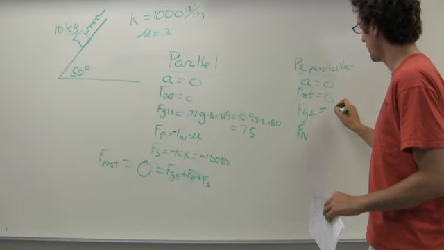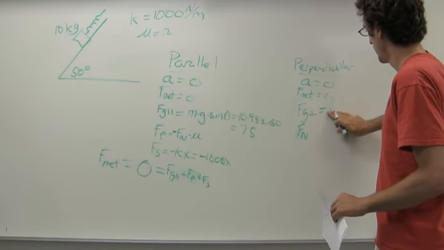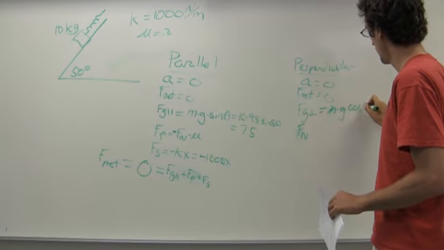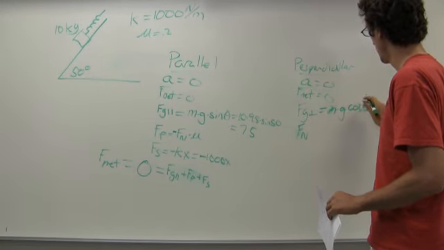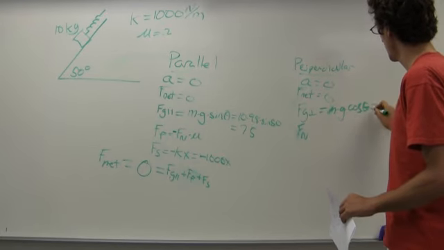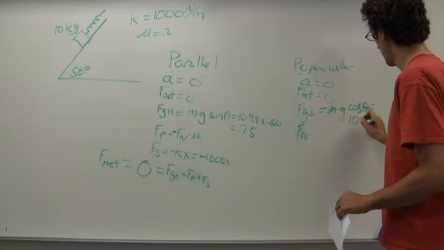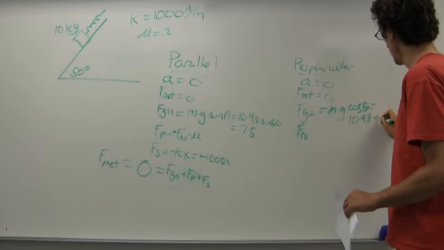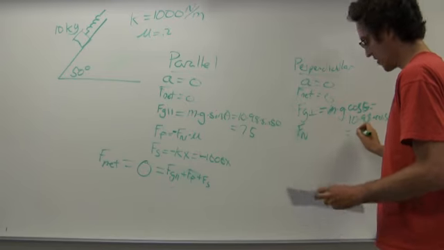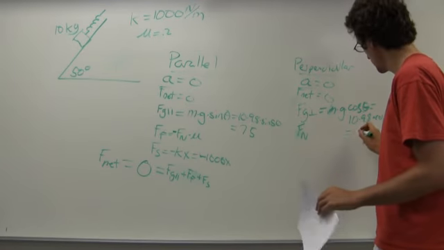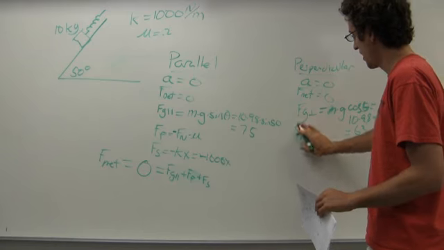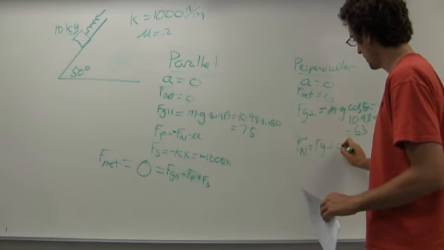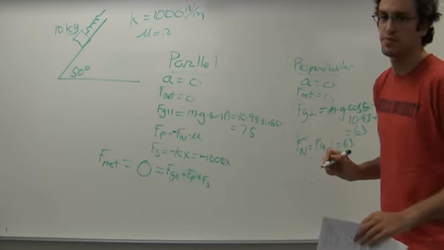So Fg perpendicular is going to be mass times gravity times cosine of theta, which equals 10 times 9.8 times cosine of 50, or 63. And as we know, Fn is going to equal Fg perpendicular, so that is also equal to 63.